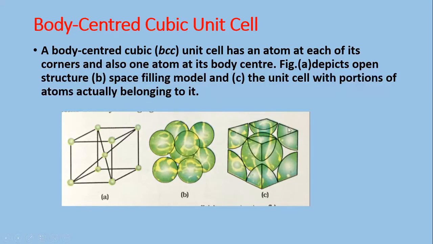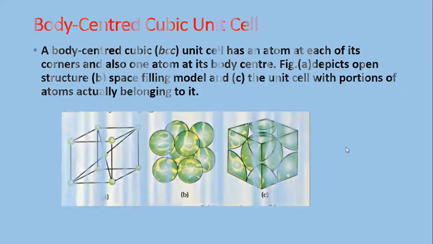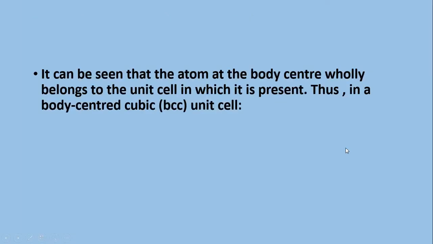Now here when we see this diagram, we can see the corners will have what? 1/8 contribution. But what about the center particle? It's completely unique, it's single. That means the full particle contribution is given. So when we want to find out the number of atoms, what do we have to use?